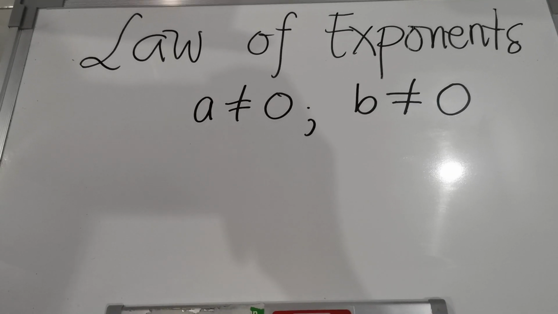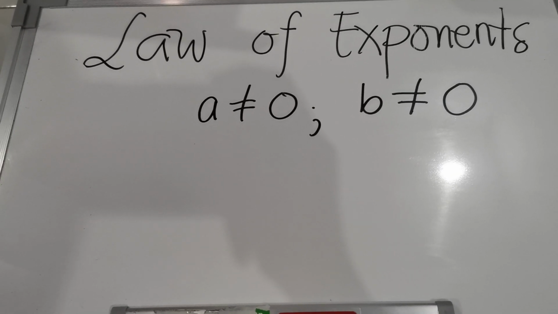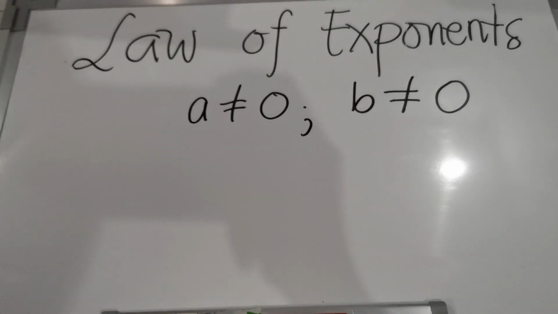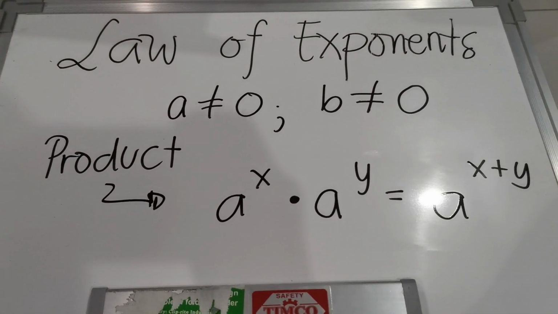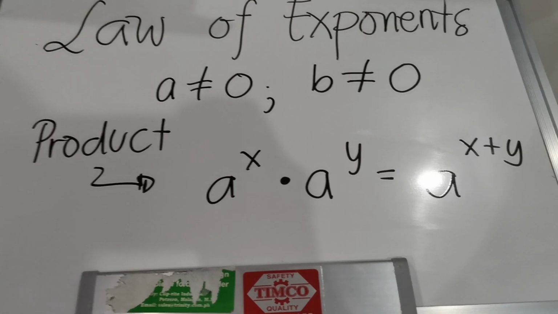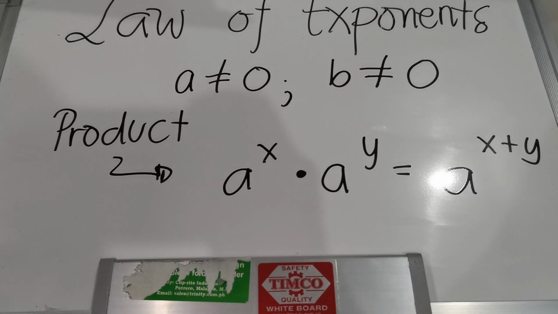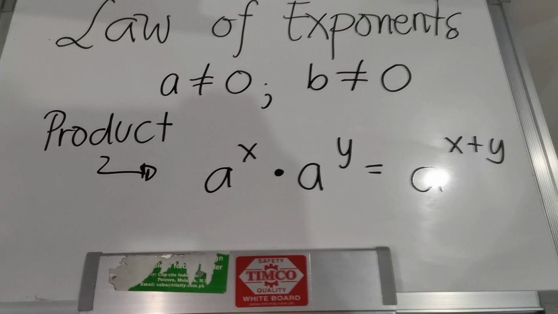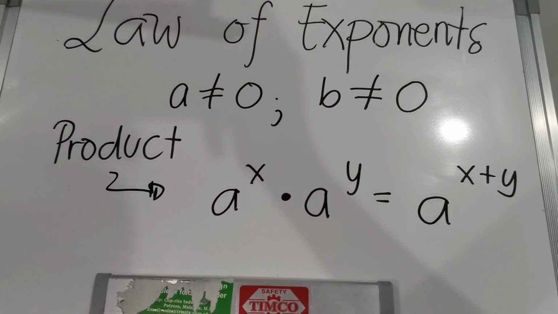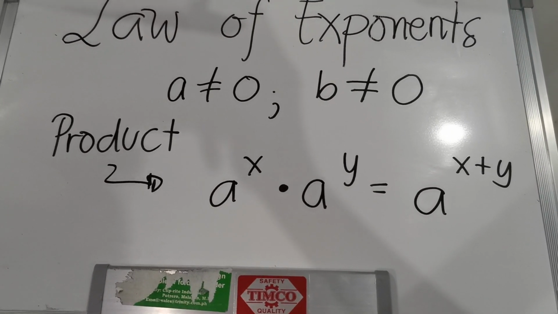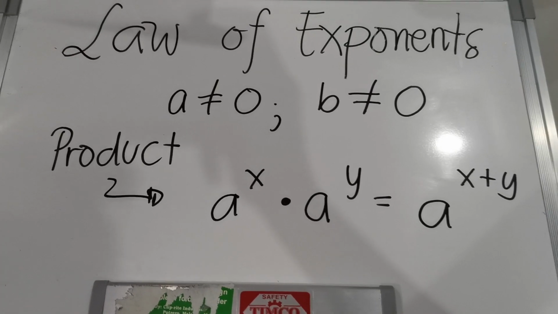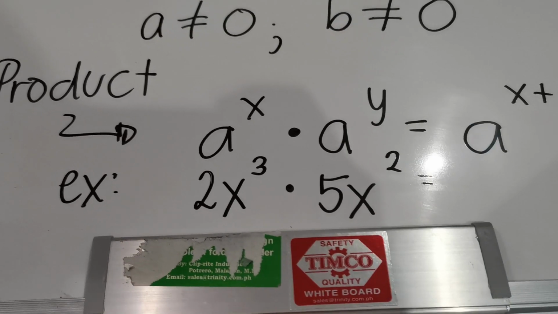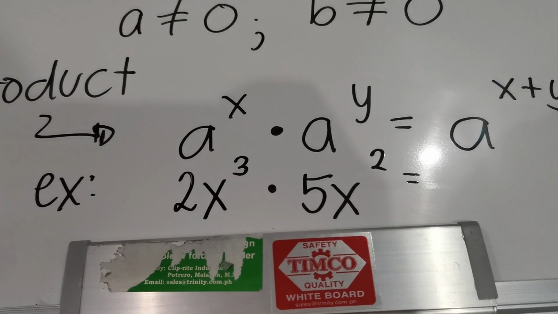So, let's start with the first law of exponent, which is the product law. In the product law, it states that if that is A raised to X times A raised to Y, ang gagawin lang natin is just the sum of their exponents, A raised to X plus Y. Suppose we have the given 2x cubed times 5x squared.